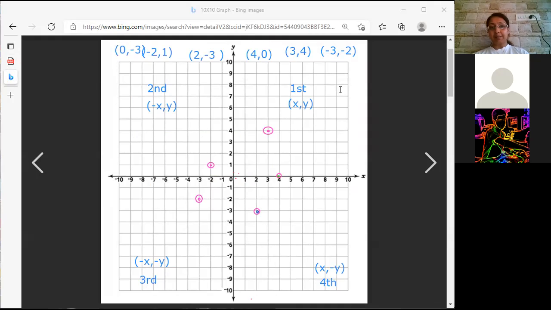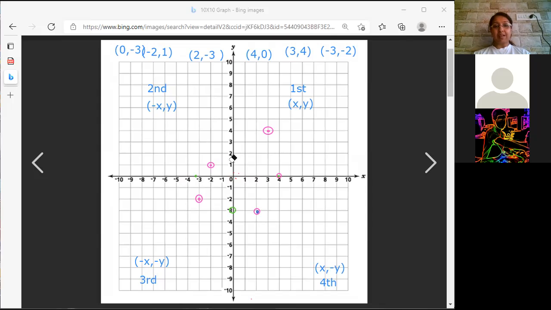Tell me, where will this come? 0 of x and minus 3 of y. Fourth quadrant. Ma'am. Yes, now it is correct, not the earlier one.